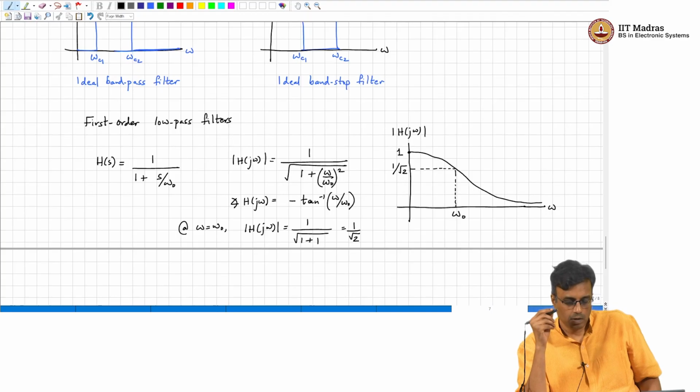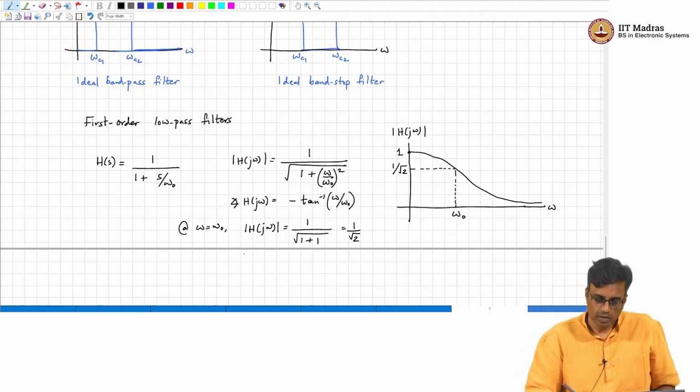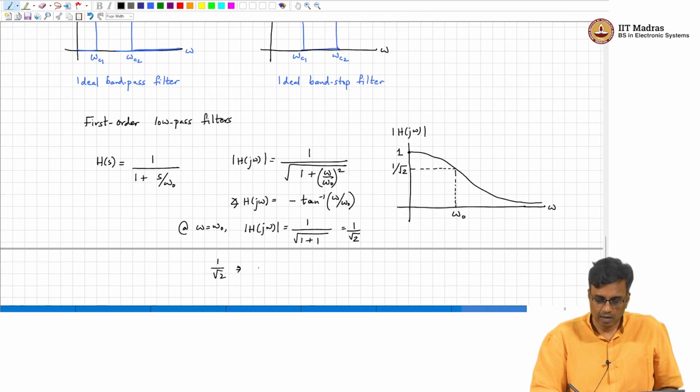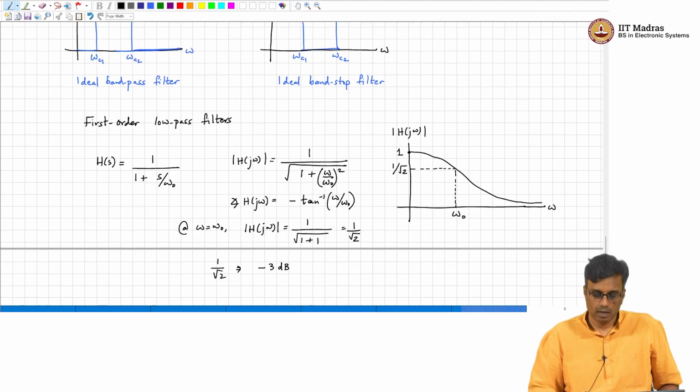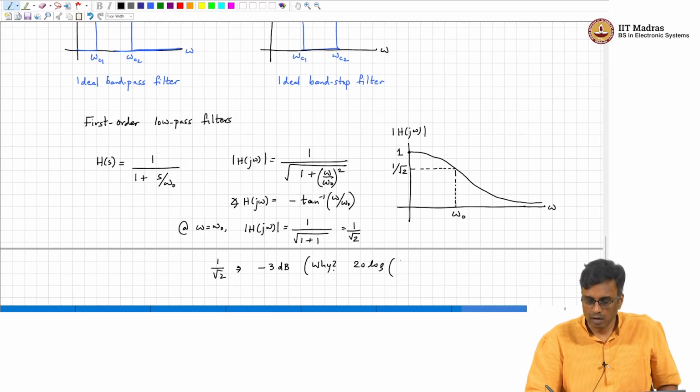And so 1 by root 2 is nothing but minus 3 dB, right. Why? 20 log of 1 by root 2 is minus 3. Actually, it's minus 3.01.